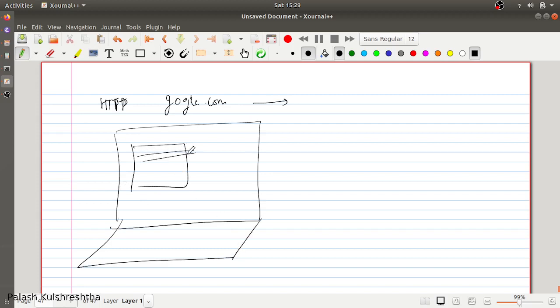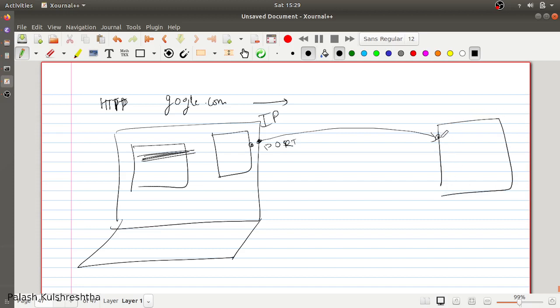Your browser requests your operating system to open a port on your local system. Then the IP address of your laptop and the port that the operating system has allotted are used to reach the google.com server on port 80 or port 443, whichever port it is. And then it creates a TCP connection.